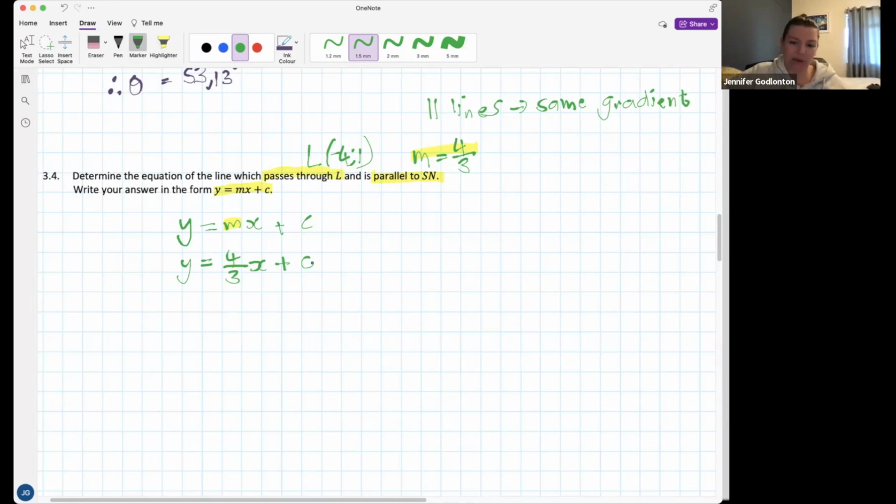So how do we use the second? Yes, good. We substitute those coordinates in. Remember this is x and this is y. So we're just going to sub in those coordinates. So 1 is equal to 4 over 3 times negative 4 plus c.